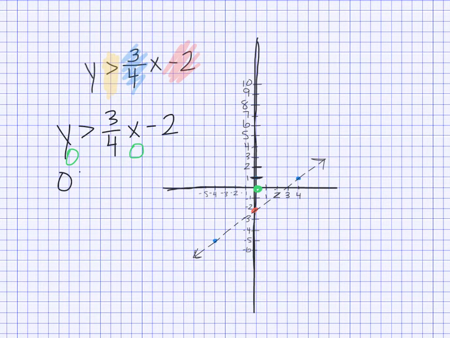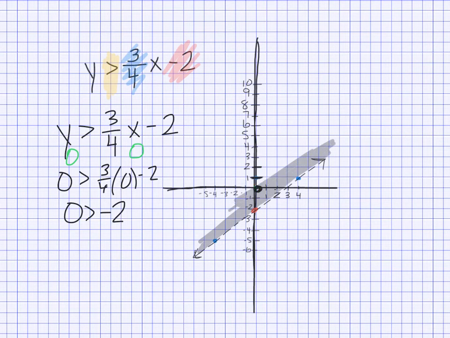So it's 0 greater than 3/4 times 0 minus 2. 3/4 times 0 is 0, which means minus 2. So 0 minus 2 is -2. Is 0 greater than -2? Well, yes it is. Which means that this whole half of the graph is your solution area.